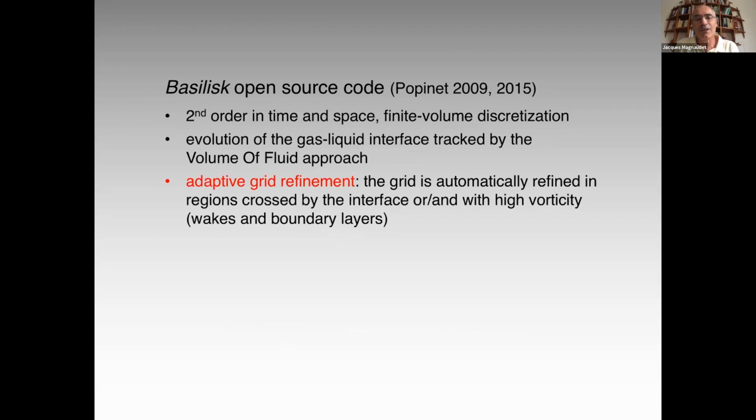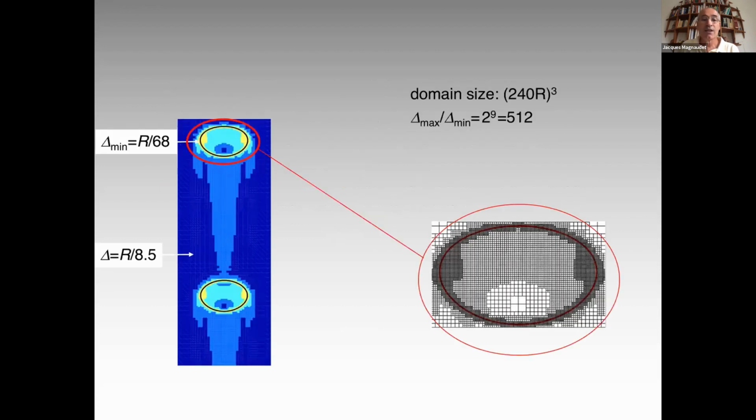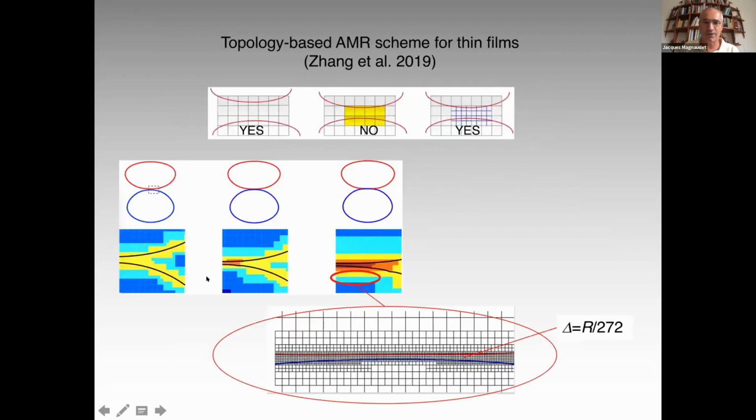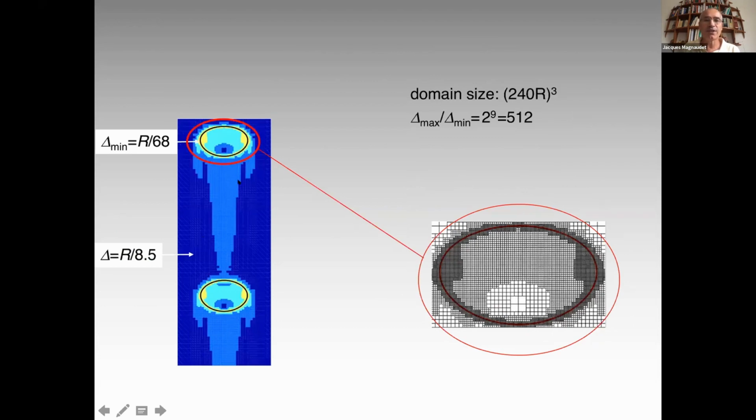The only thing which needs to be mentioned here is that this code involves a very smart adaptive grid refinement technique by which the grid is automatically refined within regions that either cross the interface or contain high levels of vorticity, especially in wakes and boundary layers. So you can have a partial view of the grids we use here. You see the 2 bubbles here and there, and then a zoom of the grid around each bubble here.